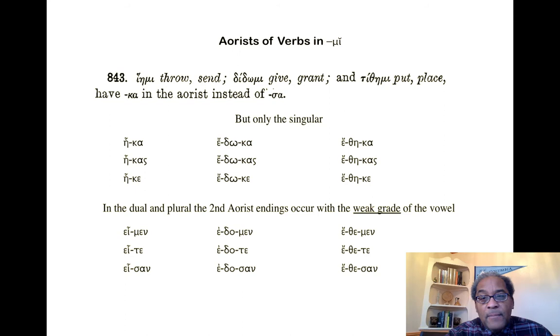And in titheme, we get etemen, etete, etesan. So this variation between the weak and strong form of the vowel is an important one to mark, as well as the introduction of kappa alpha instead of sigma alpha in these verbs. So you'll do yourself a favor if you commit these to memory right off the bat.